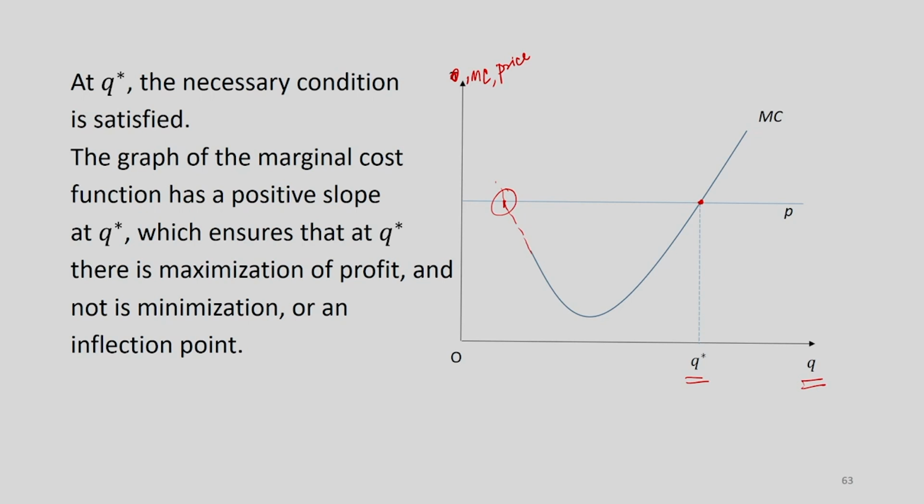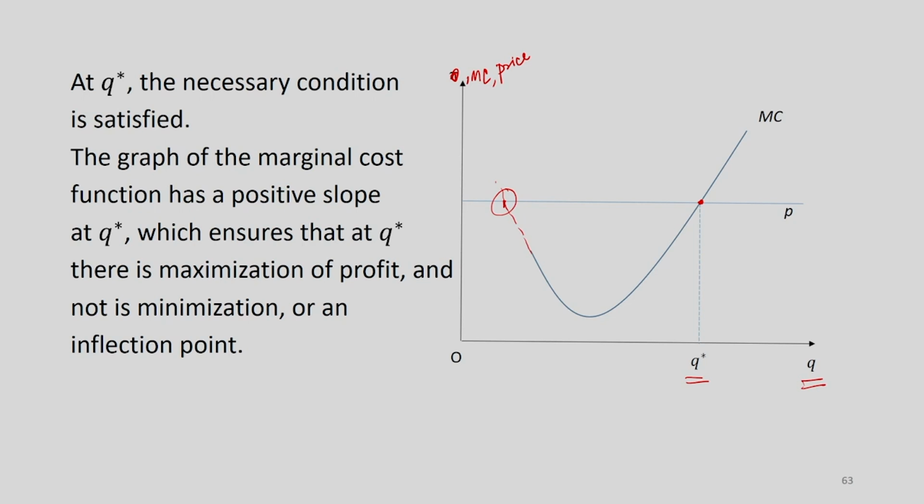The graph of the marginal cost function has a positive slope at Q star, which ensures that at Q star there is a maximization of profit and not minimization, nor is this an inflection point. So, that is how it looks diagrammatically.